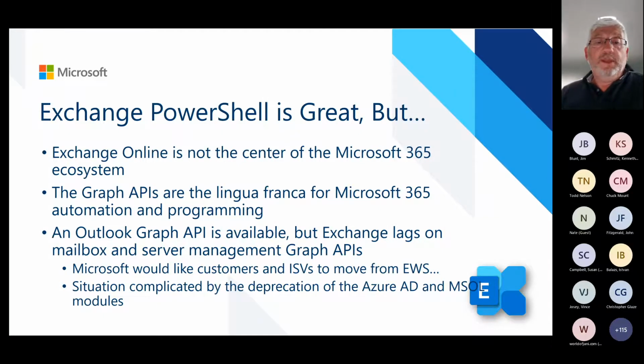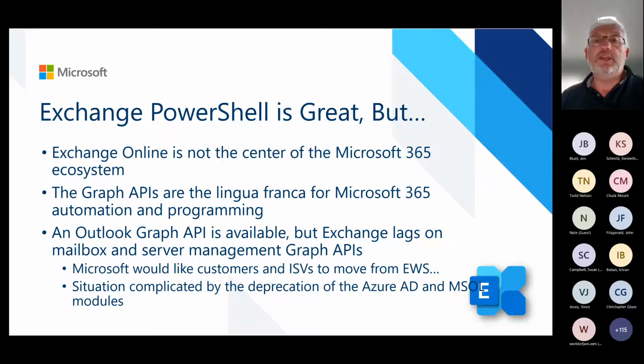An Outlook Graph API is available, but honestly, Exchange lags here. It lags because in terms of being able to provide Graph API calls to deal with mailbox and server management in the same way that you do something like Get-Mailbox or Get-MailboxFolderStatistics, that's a weak area.